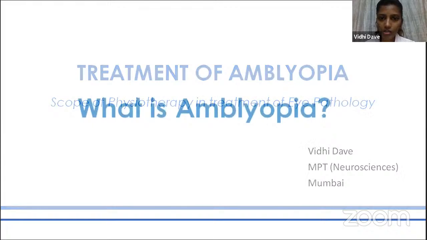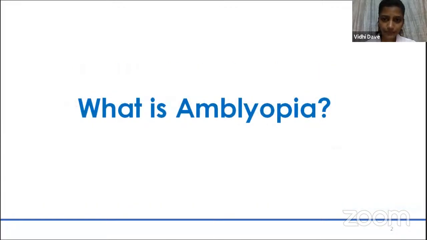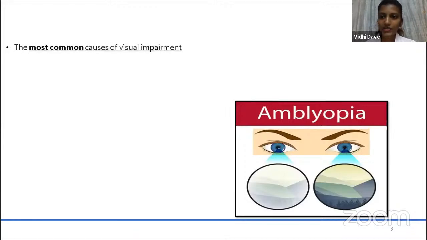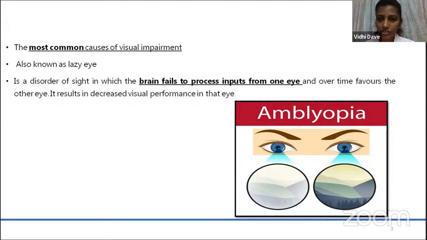So moving forward with what is amblyopia. Now, amblyopia is a very common visual impairment. When I say the term lazy eye, a lot of y'all would have heard about it. So lazy eye is actually a layman term for this medical terminology, amblyopia. Amblyopia is a neurological condition wherein the brain does not really acknowledge the image formed by one of the eyes.